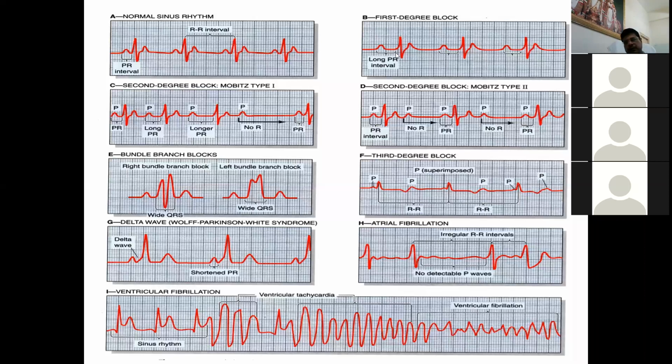In this type of heart block, all the P waves are conducted to the ventricles, but the only abnormality is a prolongation of the PR interval. Such a type of block is called first degree heart block.